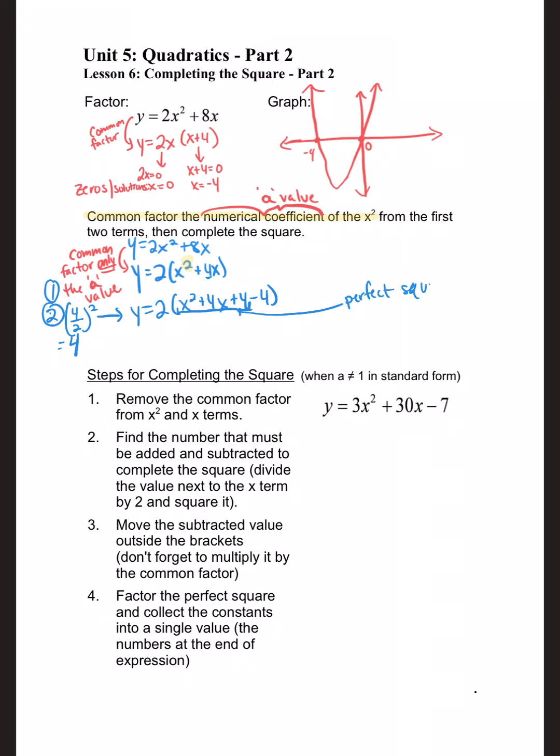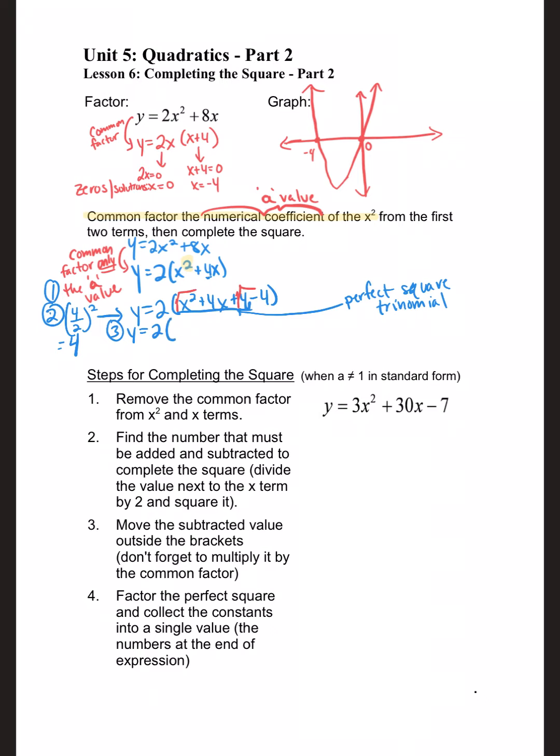So we have a perfect square trinomial. If I were to factor that, we would take the square root of my first term and the square root of our third term, and that's what goes in our brackets.